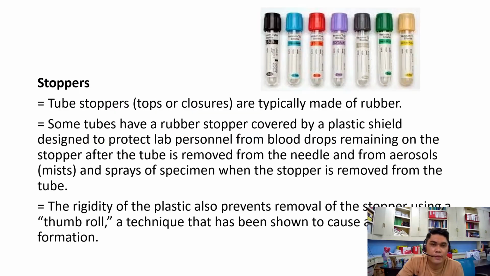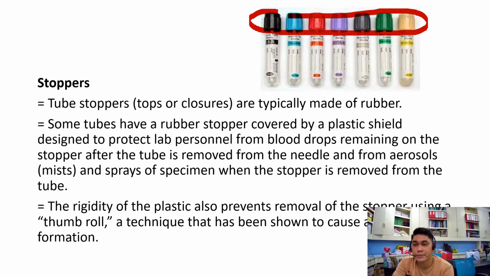Okay, so next you have the stoppers. Tube stoppers are typically made of rubber. Some tubes have a rubber stopper covered by a plastic shield, to protect lab personnel from blood drops remaining on the stopper after the tube is removed from the needle, and from aerosols and sprays of specimen when the stopper is removed from the tube.